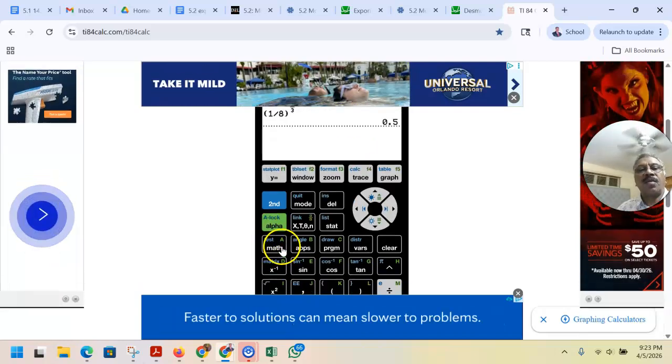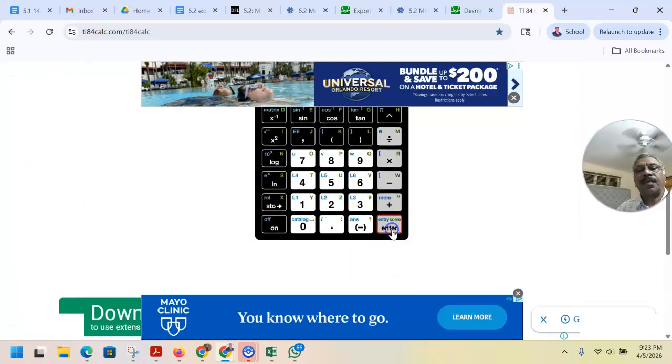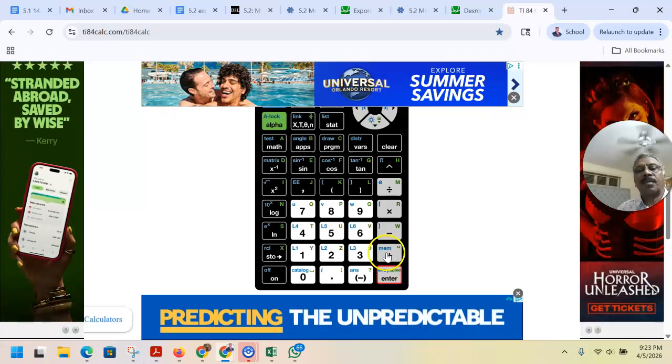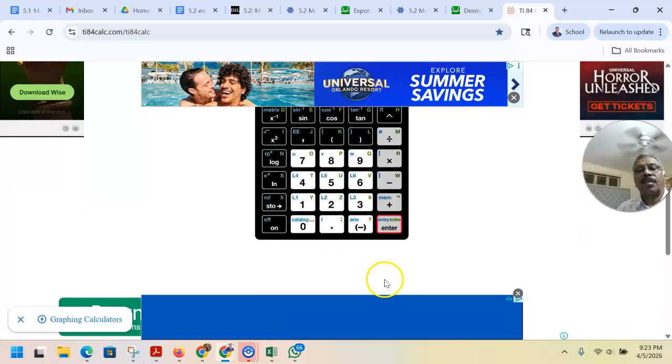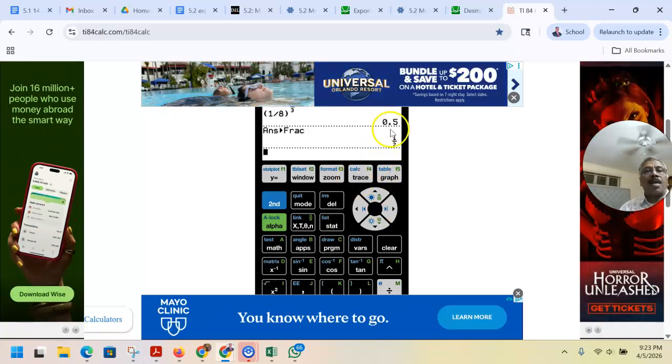If you change to fraction, you get half. So I hope that makes sense.